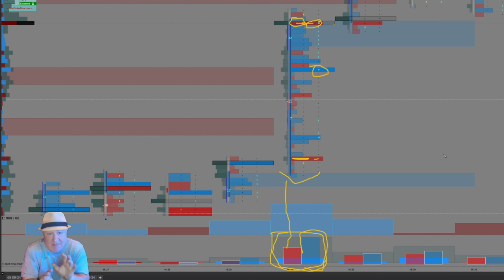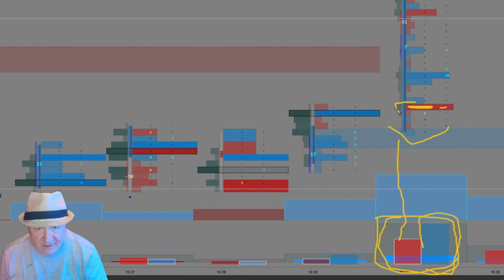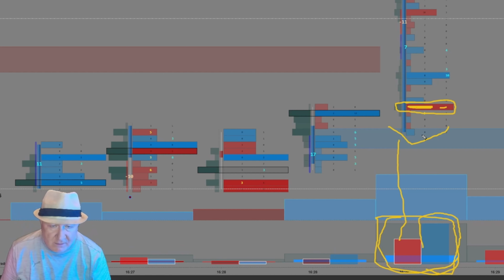But when it comes to entering with a laser focus, you need to see the X-ray, and you need to make logic out of what you're seeing. Those red guys over here, you see they're at the very beginning of this candle, they were absorbed.